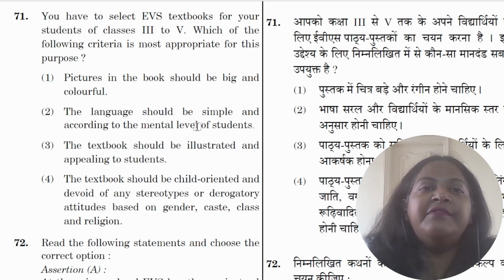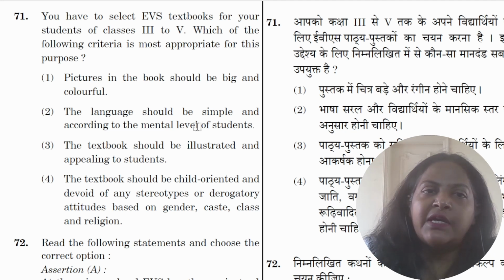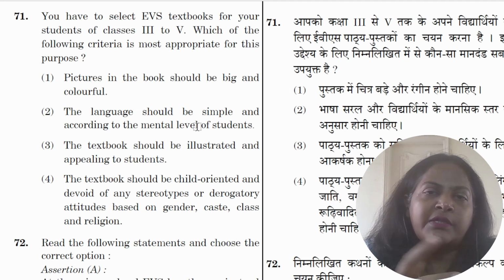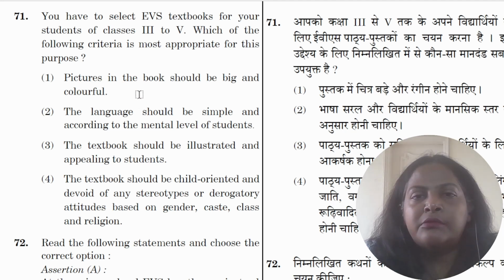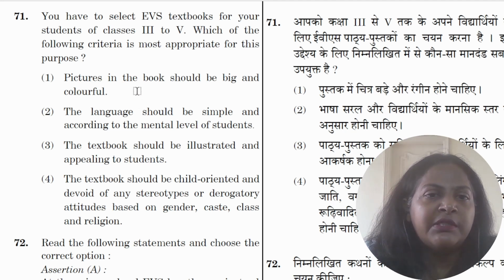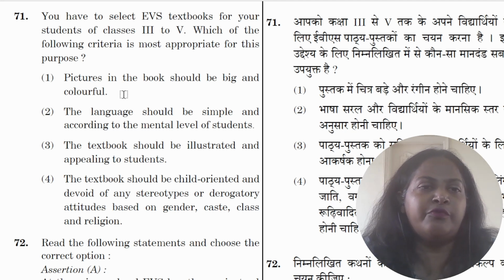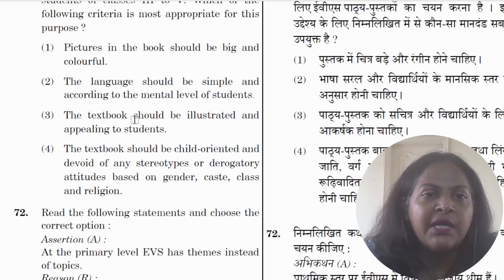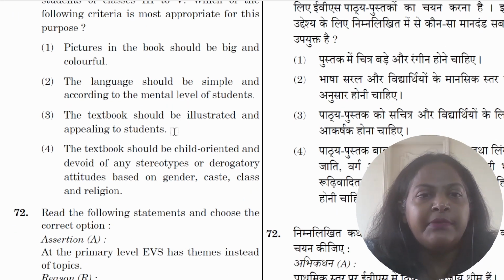You have to select EVS textbooks for your students of class 3 to 5. Which of the following criteria is most appropriate? So as a teacher, you've been asked to look for textbooks. So pictures in the textbook should be big, so we don't focus only on the picture. Language should be simple and according to the mental level of the student. Yes, we should have that. Textbook should be illustrated and appealing to the students. This is correct.